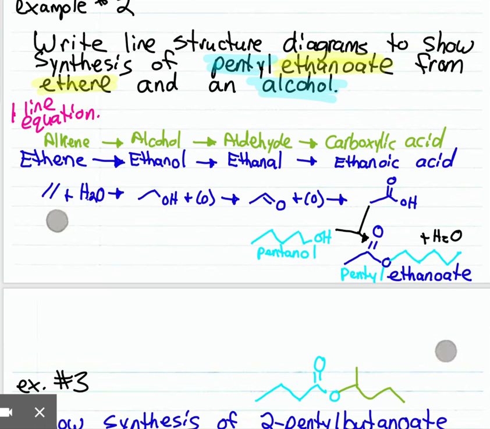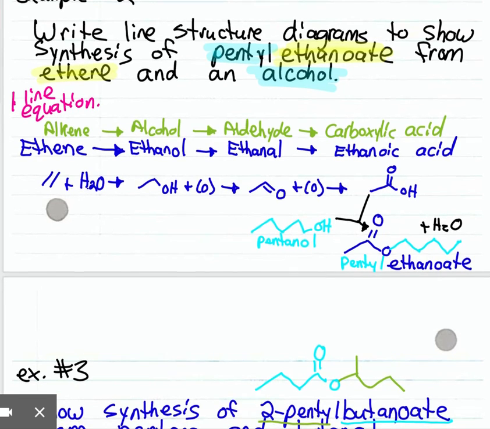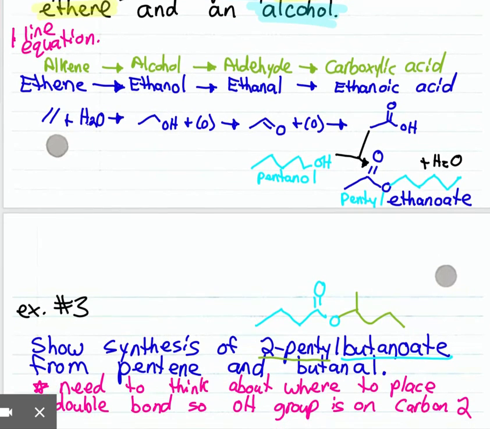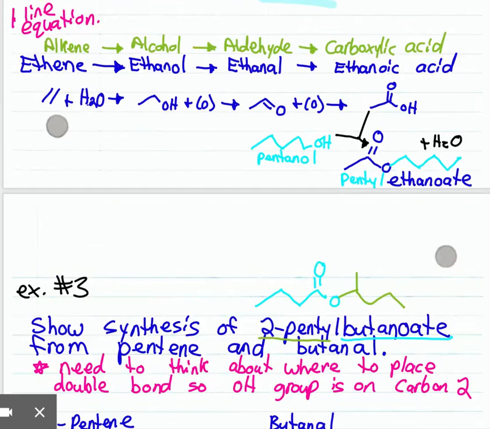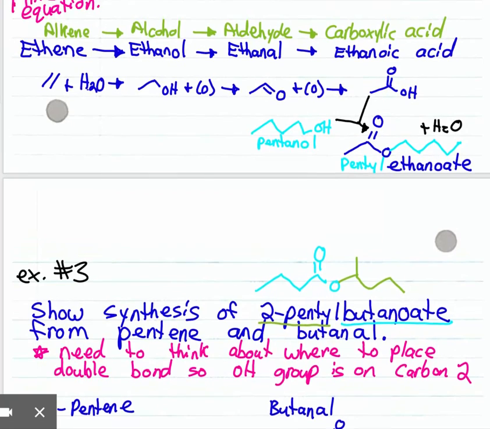And again, remember in esterification, it releases water, so you need to write that in here. All right, so hit pause and make sure you have that down. And then we have our next example here.